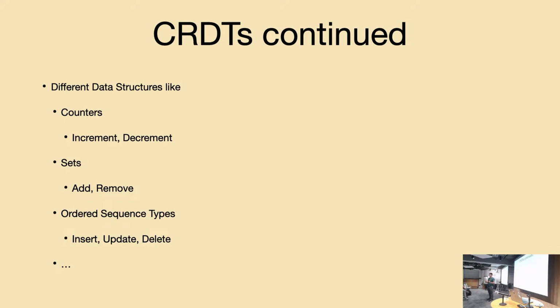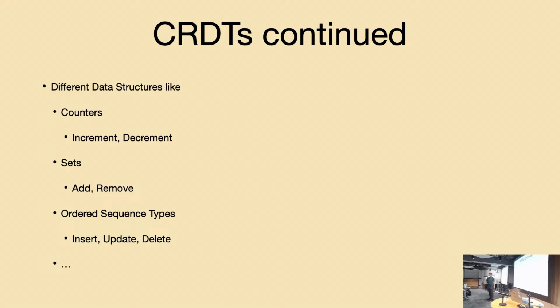When we get down to the details, CRDTs are actually just a whole class of data structure. So it's not just one data structure. It's not that some guy came up with it and decided, okay, that's the data structure. No, it's a whole class. So it can be, for instance, a counter where you, in a distributed system, want to count, let's say, votes or something like that.